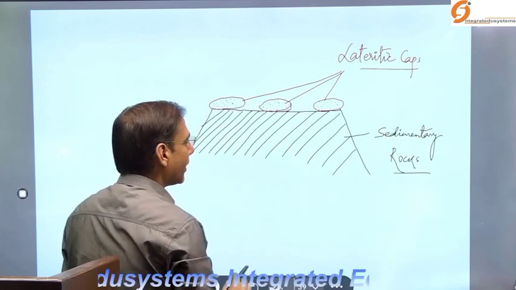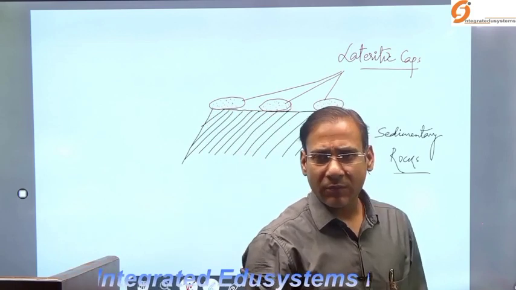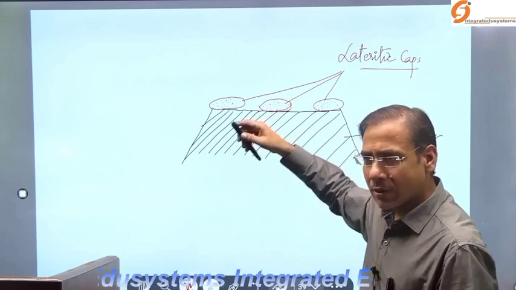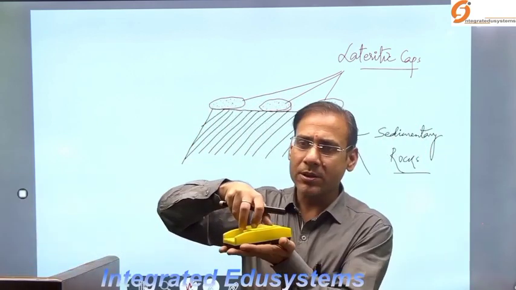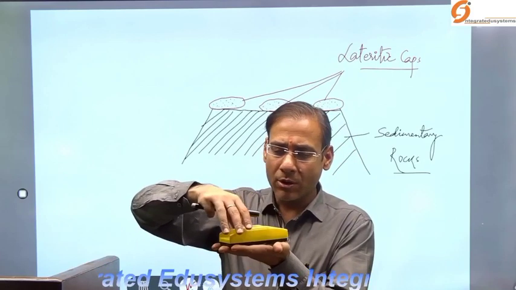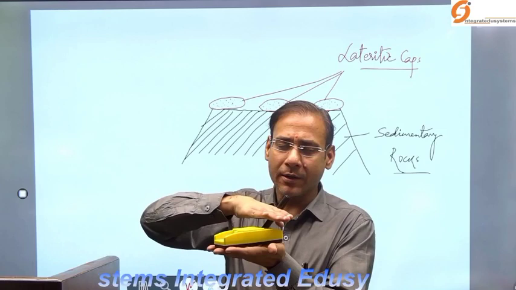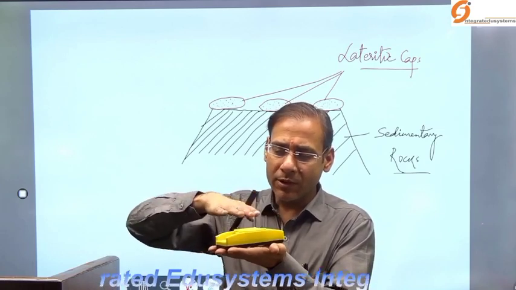Now what happened? Laterite is hard to erode. In this region, the rivers are flow on this. For example, this is the sedimentary rock, and over it there is a layer of what? Lateritic soil. What happens when the river is flowing?